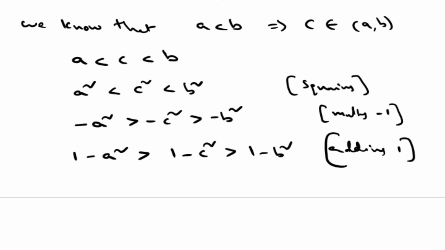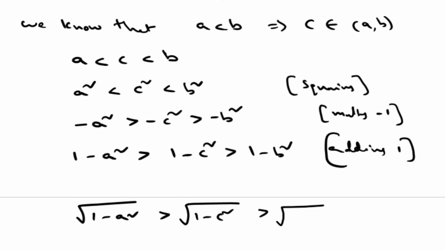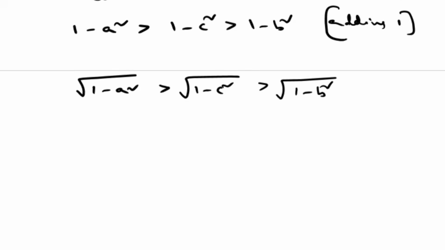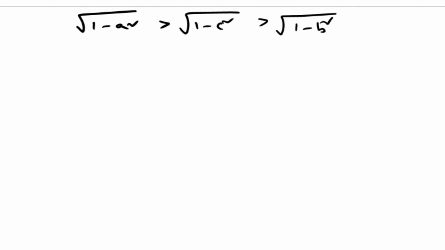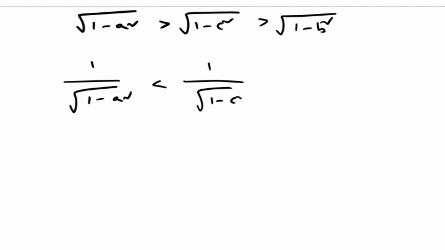Now here, if we take the reciprocal, we are making square root of 1 minus a square greater than under root of 1 minus c square greater than under root of 1 minus b square. Now making reciprocal, 1 by under root of 1 minus a square less than 1 by under root of 1 minus c square less than 1 by under root of 1 minus b square.